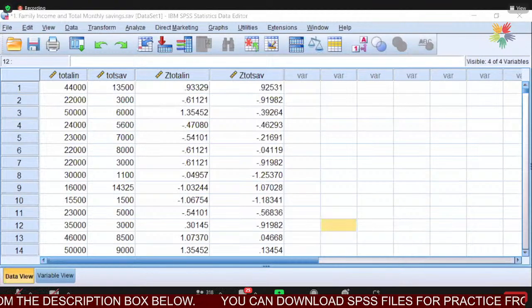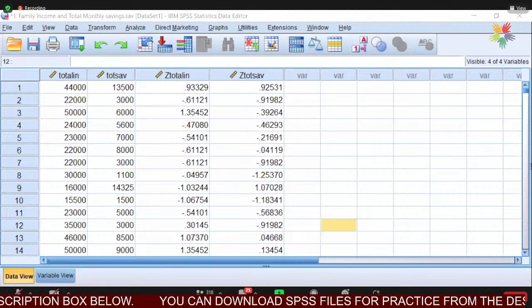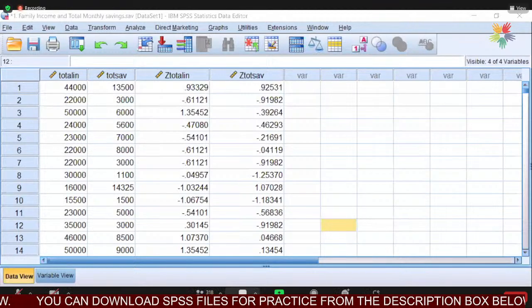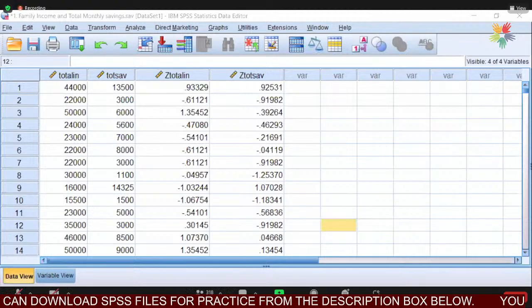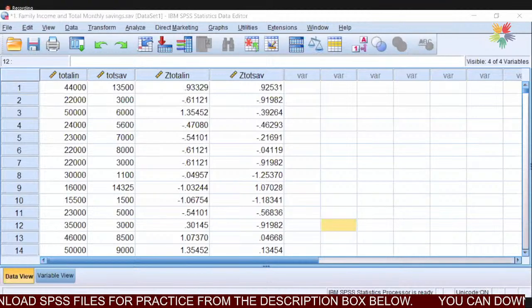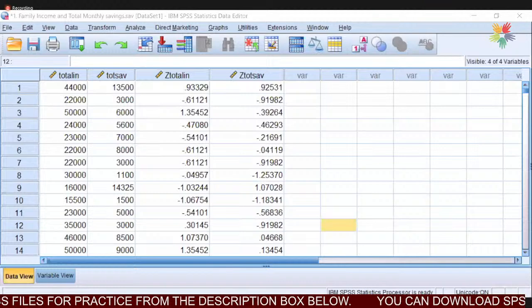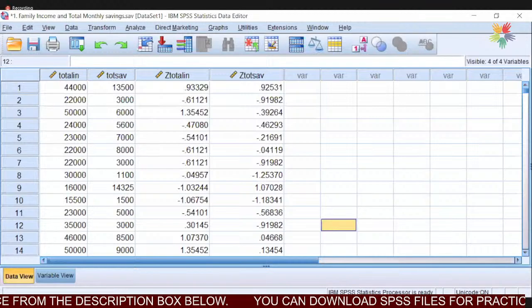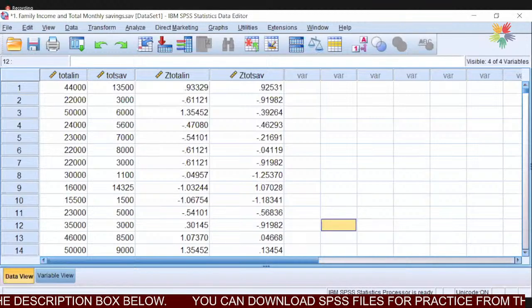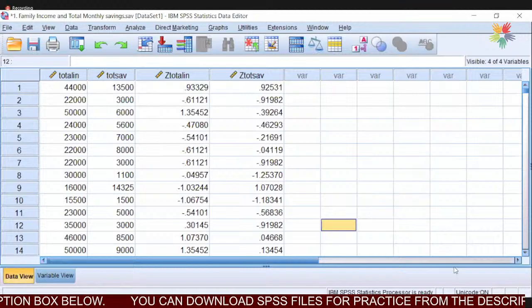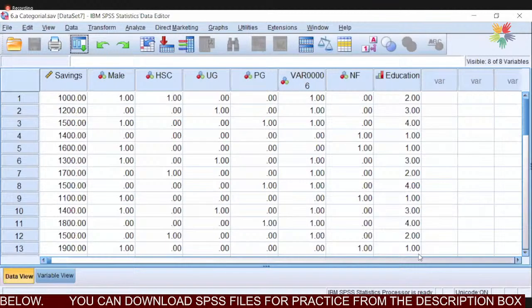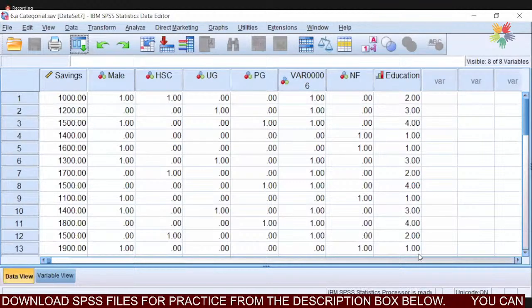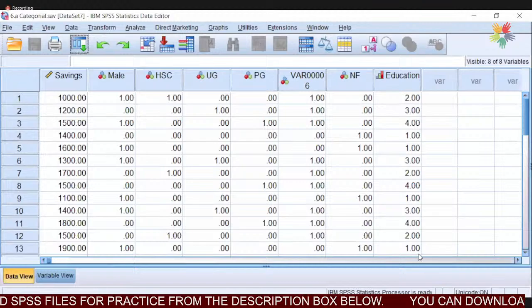Now please remember the mean value for male, 1437, and female, 1550.